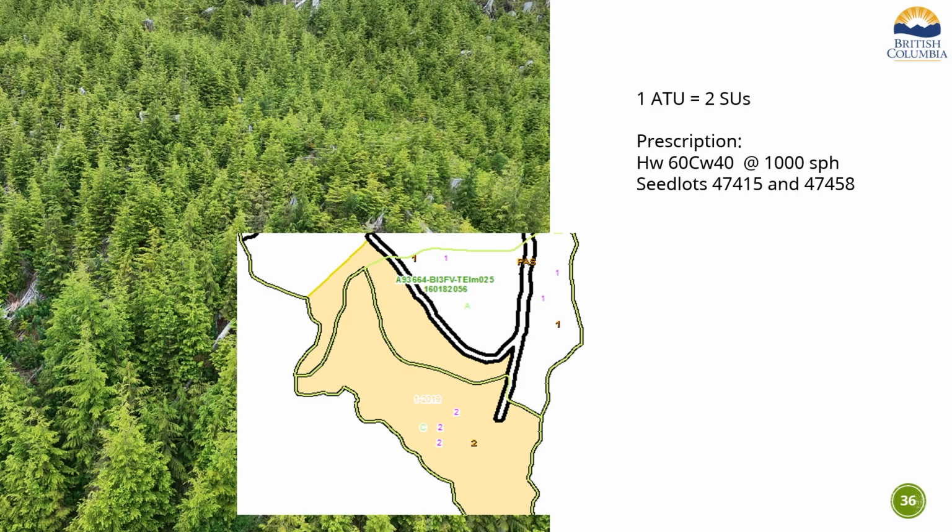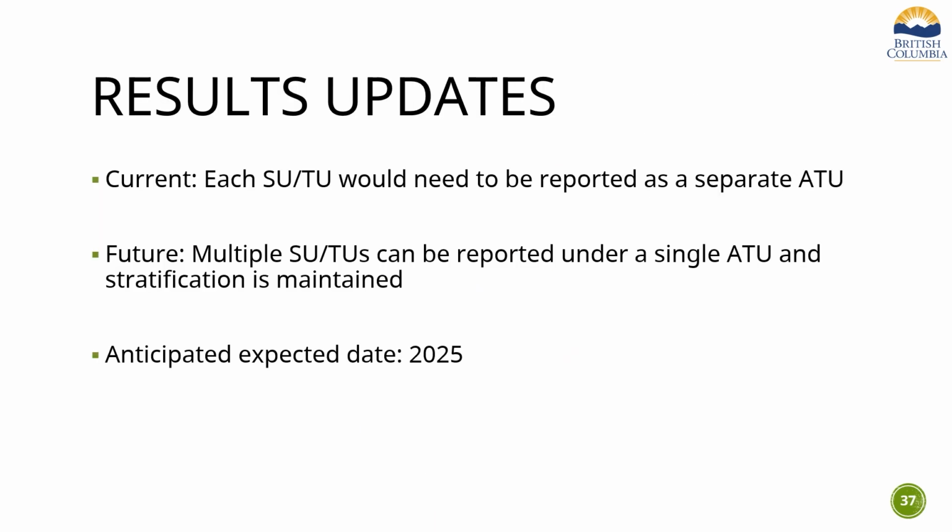Now, if you wanted to meet this best management practice right now, each standards unit or each treatment unit would need to be reported as a separate ATU to results to maintain the stratification. That would work, but it's not a very efficient or clean solution from a database management perspective. So, in response, the results product management team is working to improve the process.